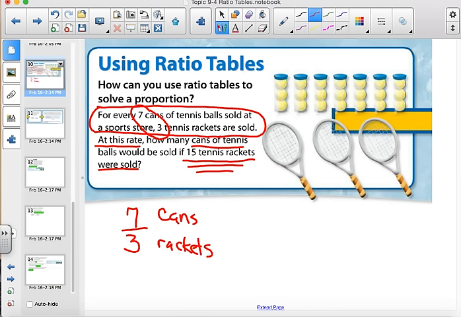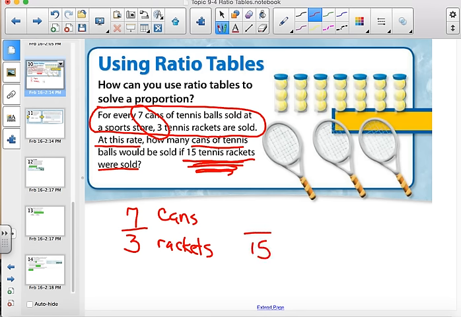Then they're telling us the guiding term from our proportion, our proportional ratio, which is 15 tennis rackets.